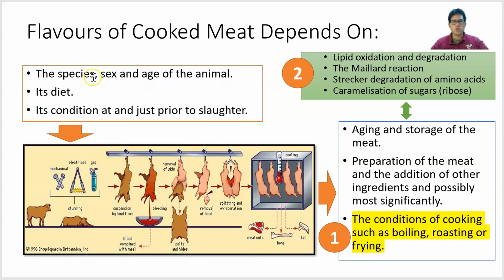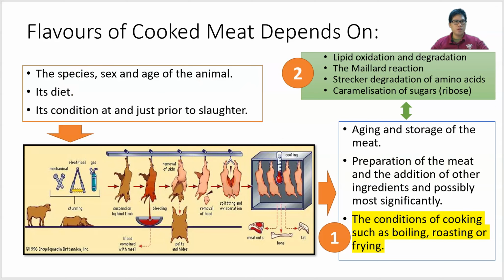The species, the sex, the age of the animals, what it has eaten, and also the conditions just prior to slaughter, all these can affect how the flavors are generated during cooking. Not only cooking, of course; aging and storage can also be affected by these conditions.